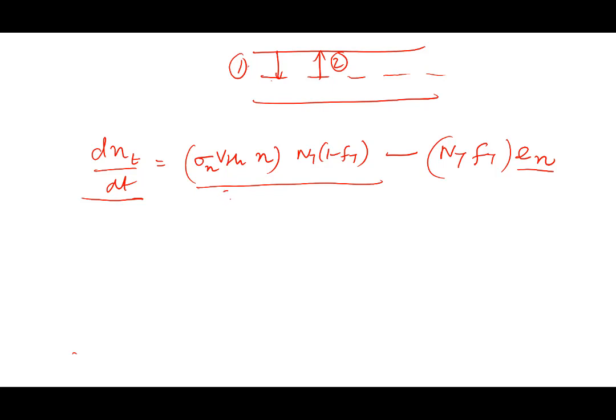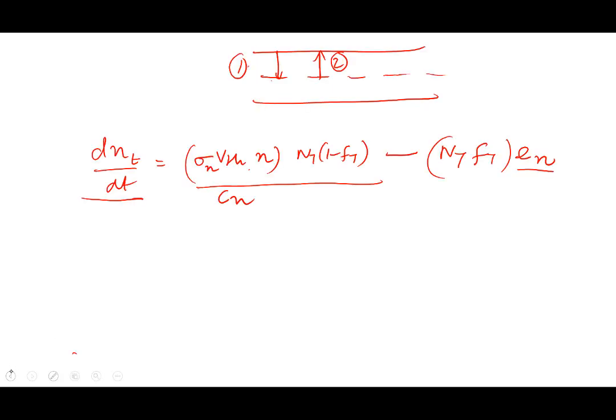You remember this was the capture rate, Cn, and we add the emission rate here, En. En is the rate at which it is emitting back. Whatever this En is, we don't know what En is, but we write it as En. Some emission rate. So just like we wrote some capture rate here, for capture rate we could write the expression sigma VTH n, and here is the emission rate, En.